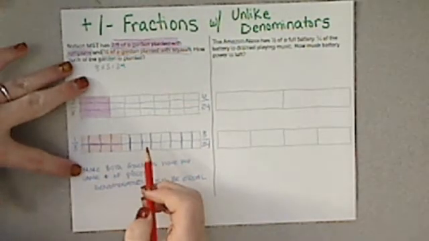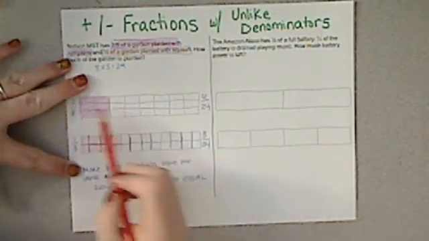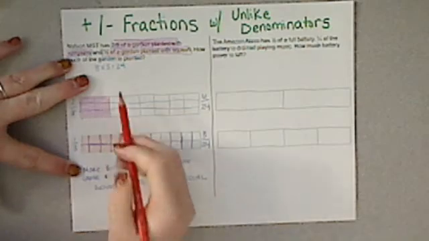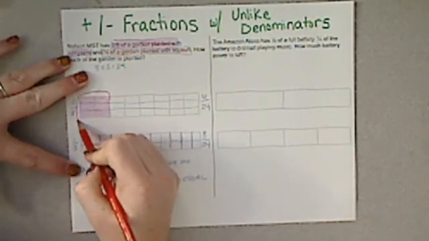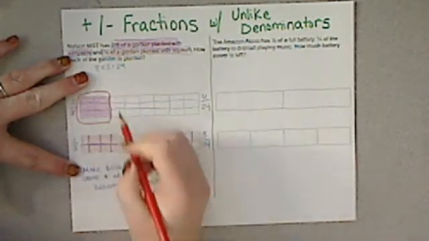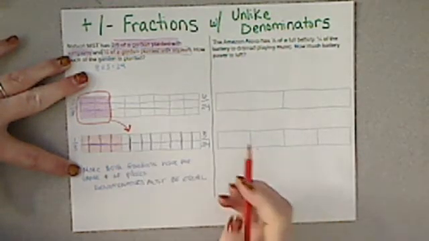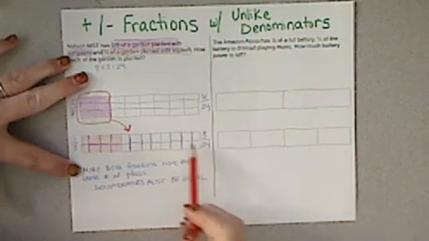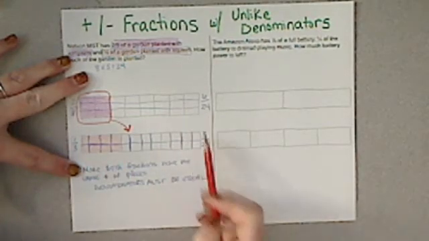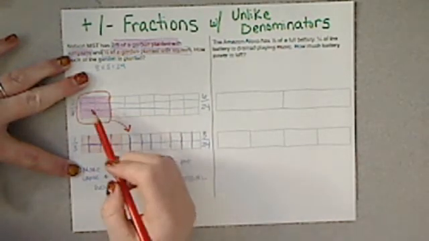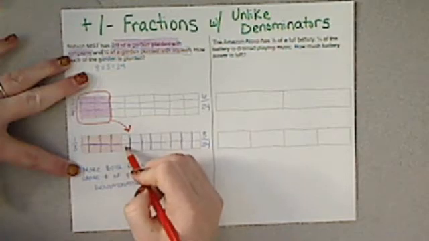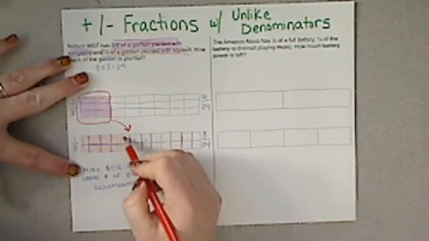So I am going to take these 1, 2, 3, 4, 5, 6, circle them with a different color, and move them to my other fraction because now they're the same size pieces. There's 24 in each bar. So there's 1, 2, 3, 4, 5, 6.